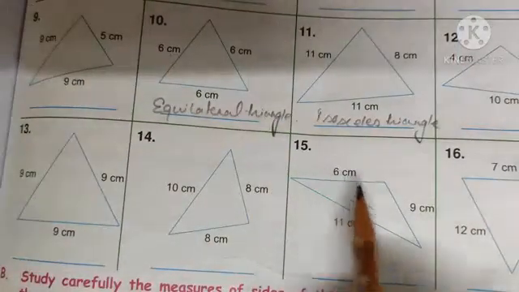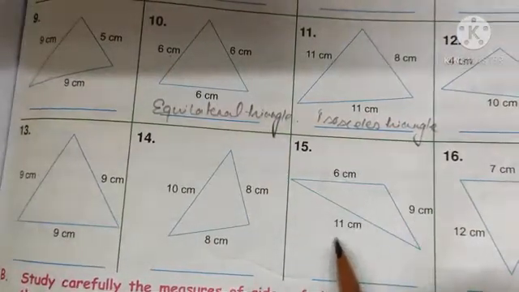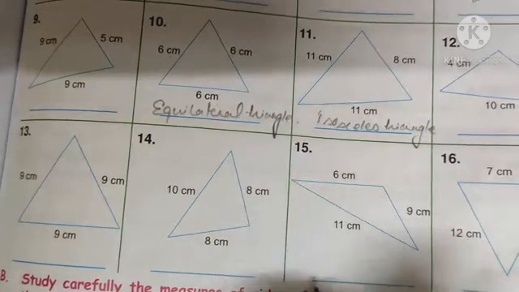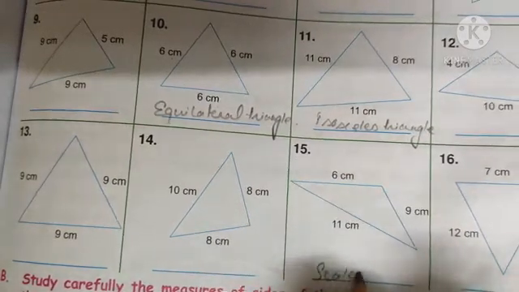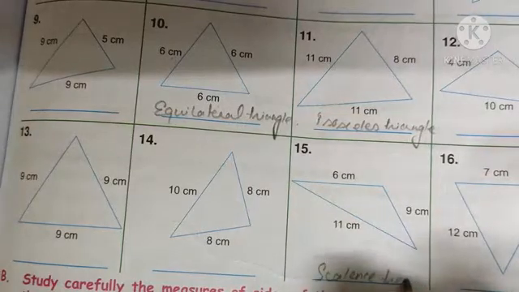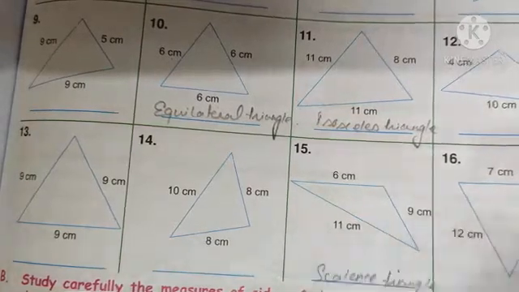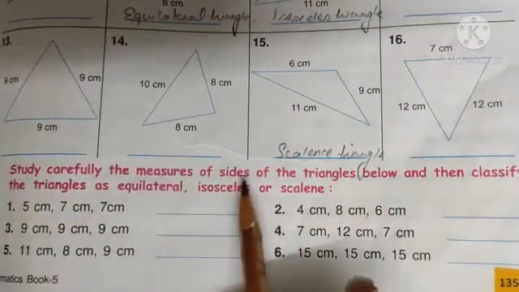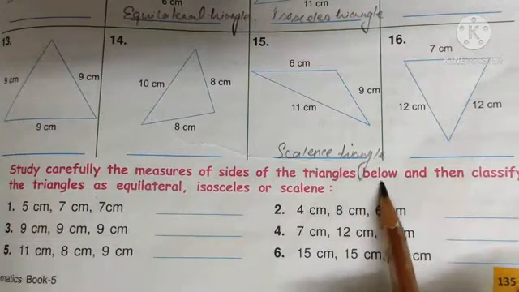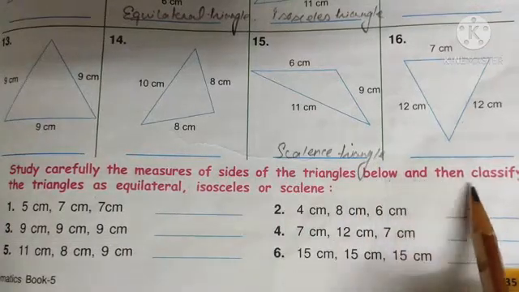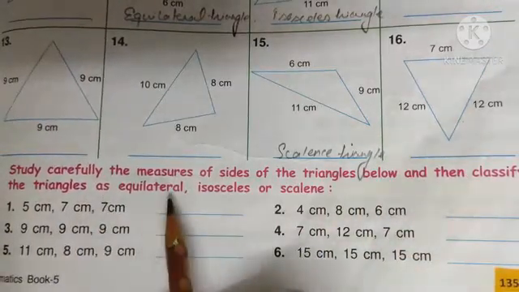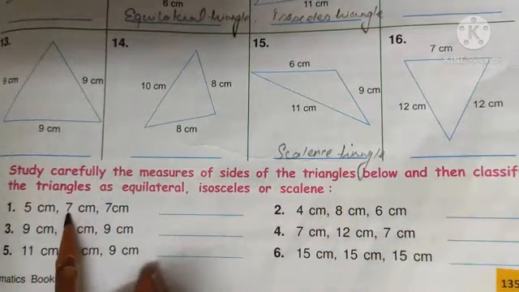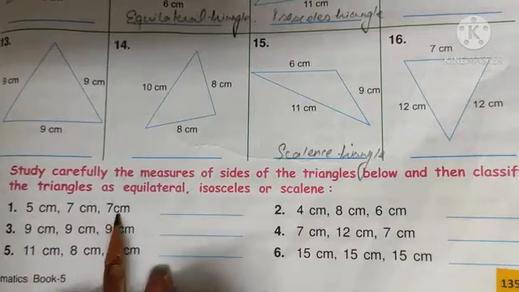Now number 15, all sides are of different length. So this is a scalene triangle. Now part B, study carefully the measures of the sides of the triangles below and then classify the triangles as equilateral, isosceles or scalene. See here, 5 cm, 7 cm and 7 cm.